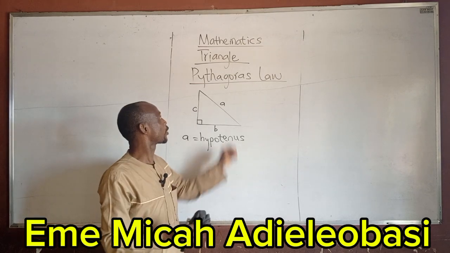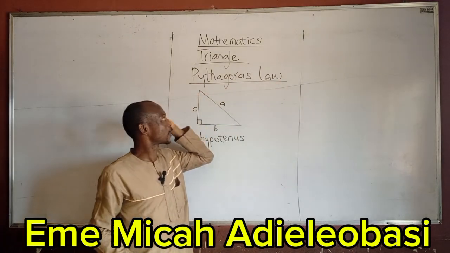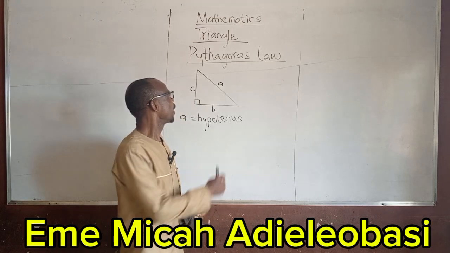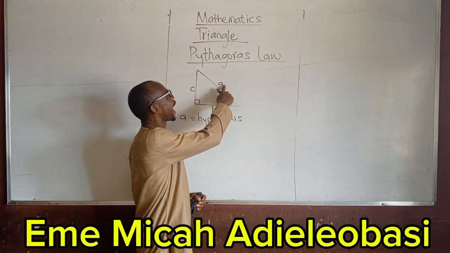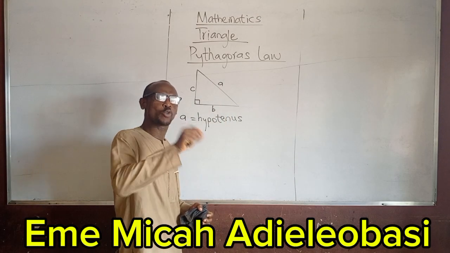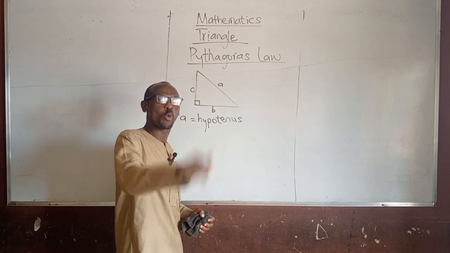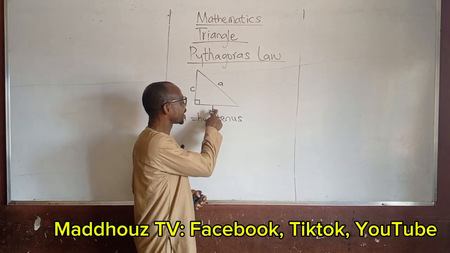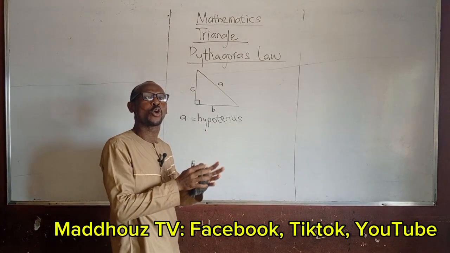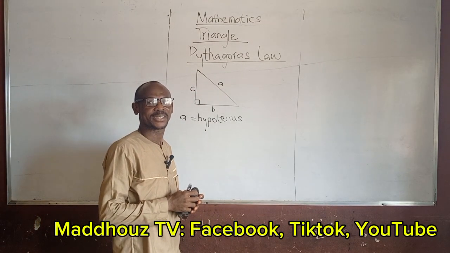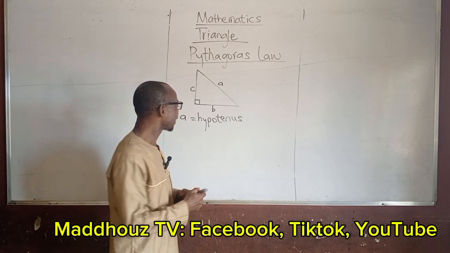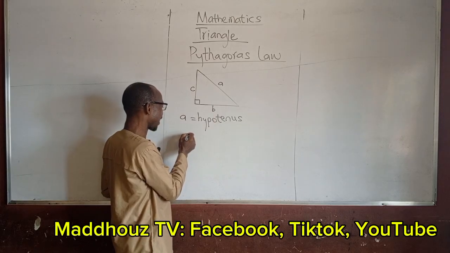Now what does this Pythagoras law, or Pythagoras theorem, say? It says that if you square the hypotenuse side, the value you get will be equal to when you square the other two sides and add them together.